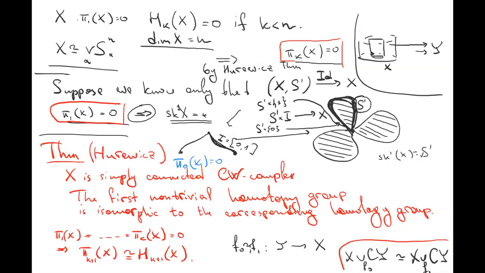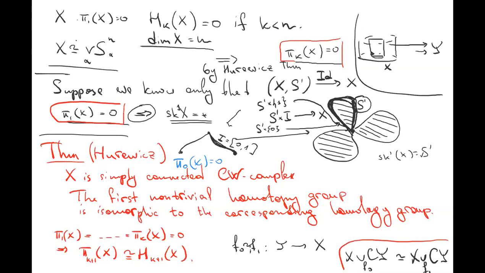I want A to be the k skeleton, which lives inside the k+1 skeleton.